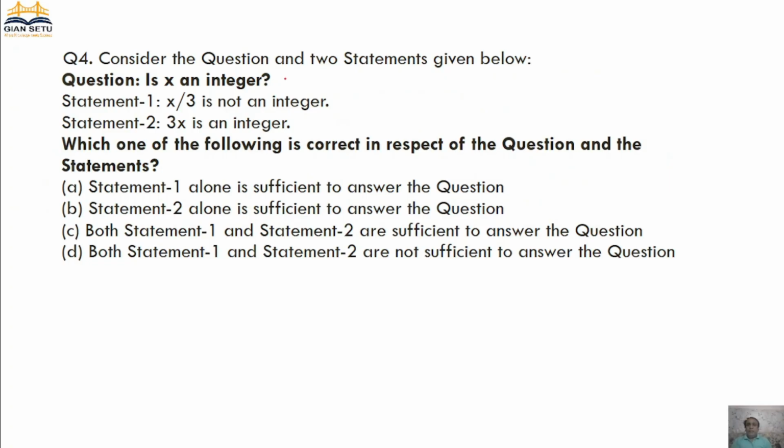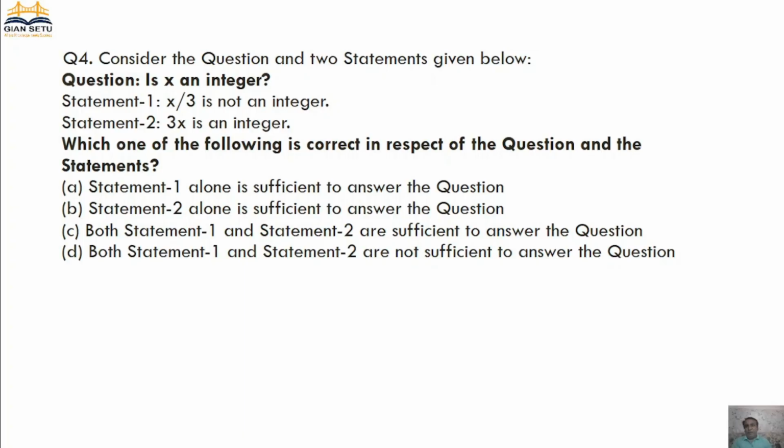Consider the question and two statements given below. The question is, if x is an integer, now we are given two statements here. Statement 1: x upon 3 is not an integer. According to statement 1, if x is any number and dividing it by 3 gives a non-integer number, then is x an integer, right?